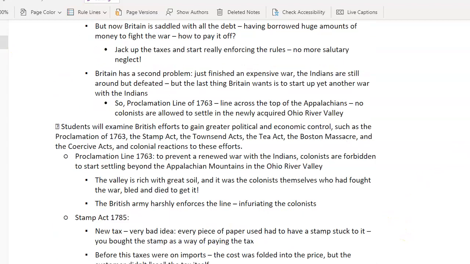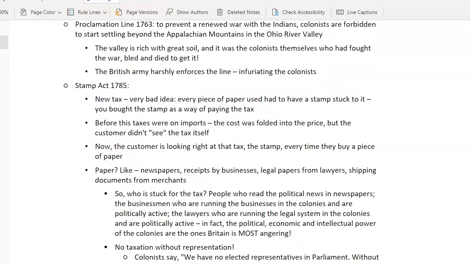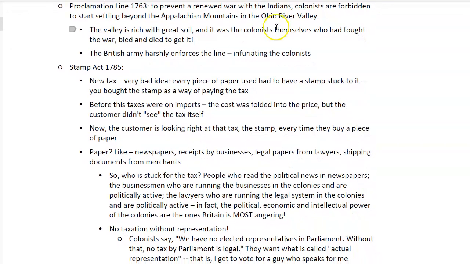The British then put this proclamation line in, stopped the colonists from going across, and they enforce it pretty harshly. A few colonists try to start some farms over there, and the British Army goes in and burns their farms down. So this gets the colonists pretty ticked off.